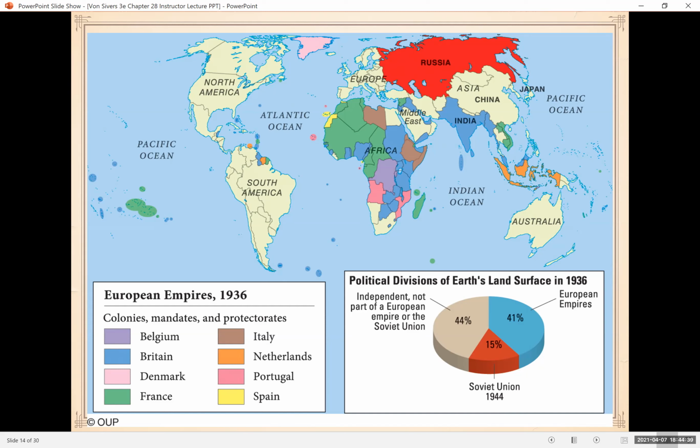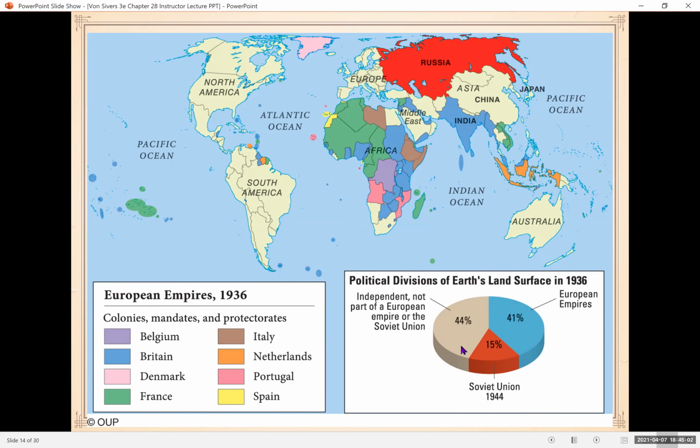But for some of these areas, it's less about manufacturing and raw materials and more about prestige. The British did not want to give up India because it was very prestigious to have India as a colony.